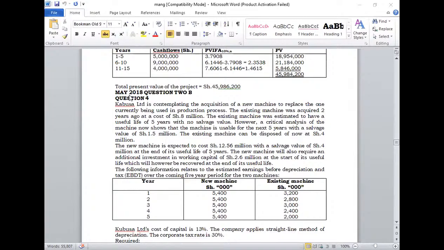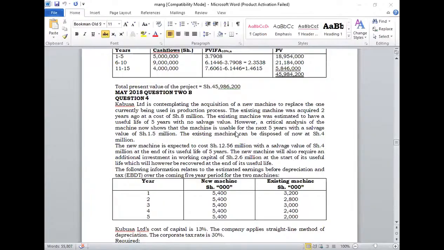It was estimated to have a useful life of 5 years with no salvage value. However, a critical analysis now shows that the machine is usable for the next 5 years with a salvage value of shillings 1.5 million. The existing machine can be disposed of now at shillings 4 million.